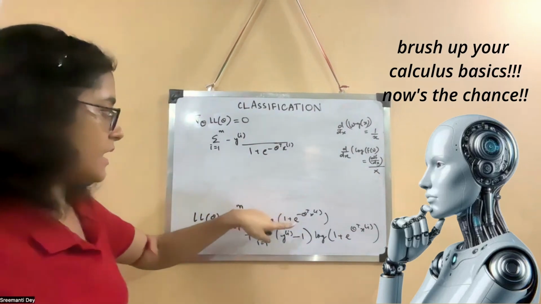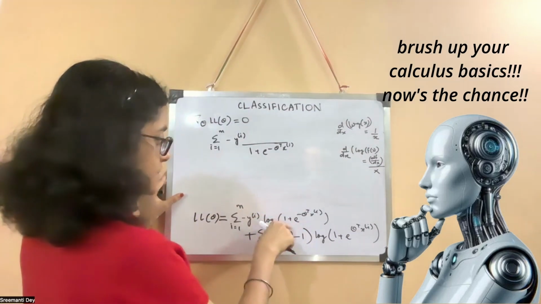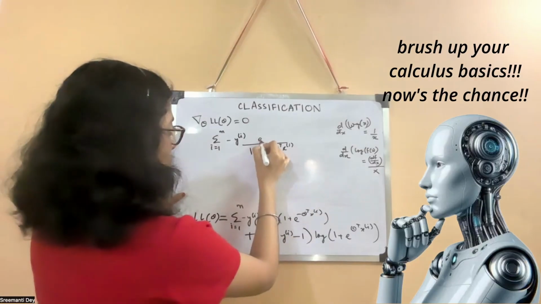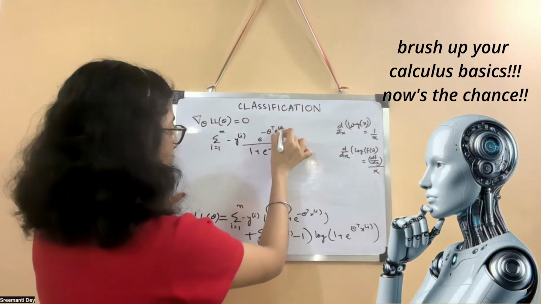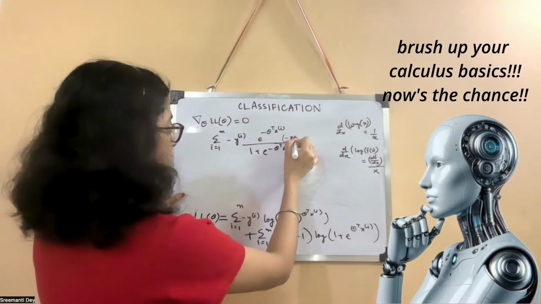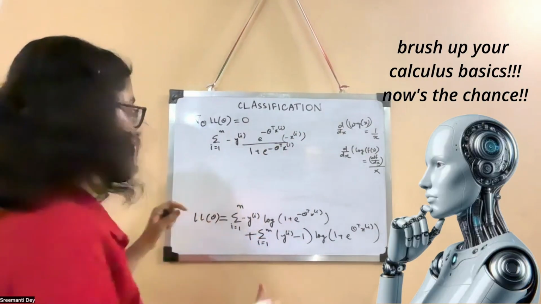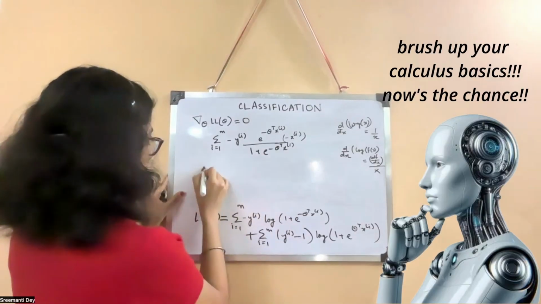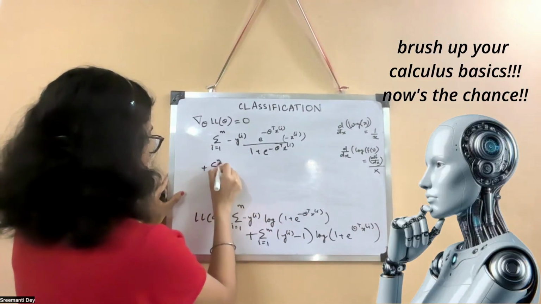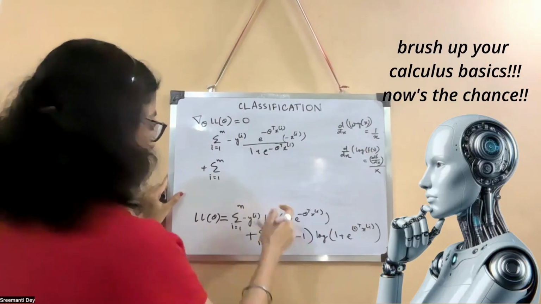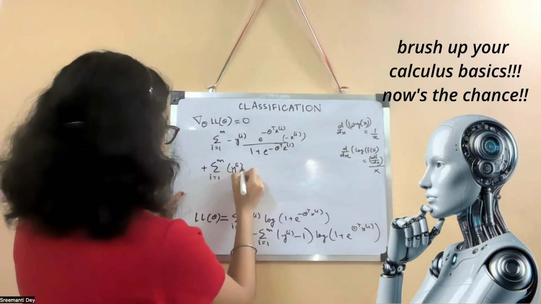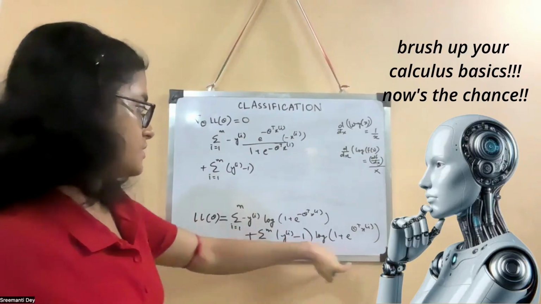So we put this down, and now we differentiate this with respect to theta. What would that look like? This would be 0, and this would be e to the power minus theta transpose xi, and this would be minus xi. Correct? Got it. So this one is done. Now the next one. So yi minus 1 would be in that way. Keep that. It's the same thing.